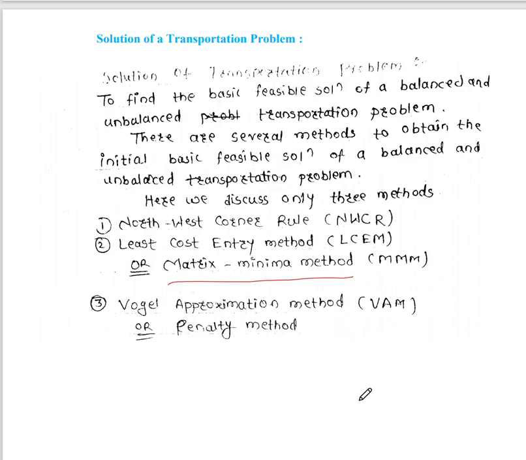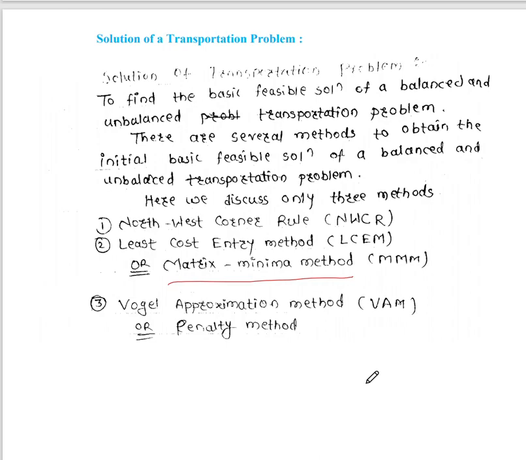So these are some definitions and some methods to solve the transportation problem. Today we have seen the introduction of the transportation problem, then the definition and the tabular form of the transportation problem. Then we discussed some basic definitions in a transportation problem, which we will use when we solve problems.